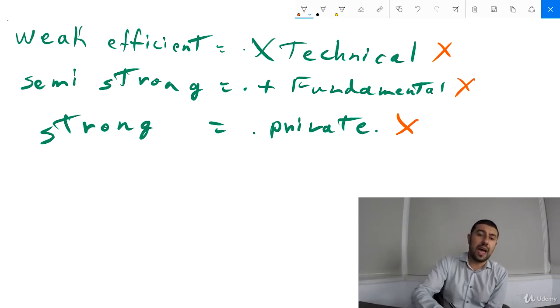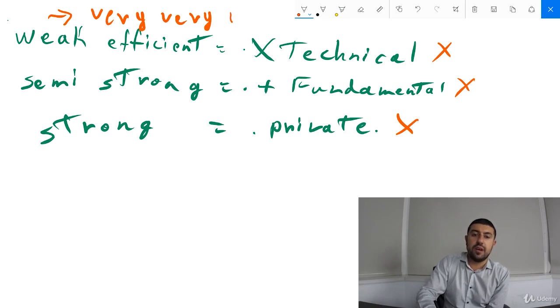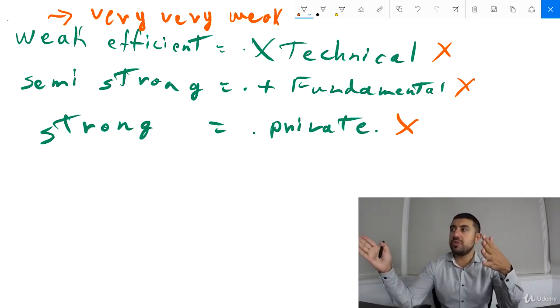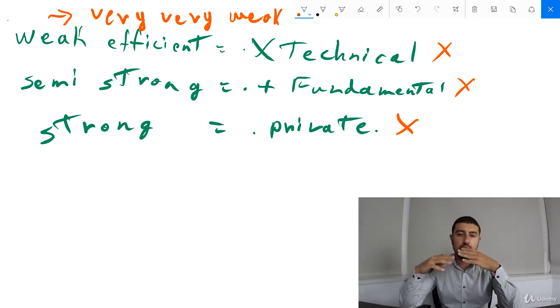So I think there should be another one that says it's very, very weak. Because to be honest, one of my new traders that started here a few months ago, after a month, came to me and said, I can't believe how inefficient the market is.